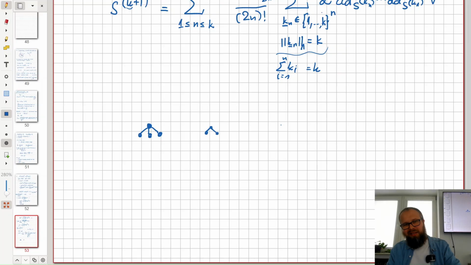Because this can be 1. Oh wait, my brain is fried. Wait, it's odd. Yeah, it has to be odd, but the number of leaves has to be... U has an even number of children.